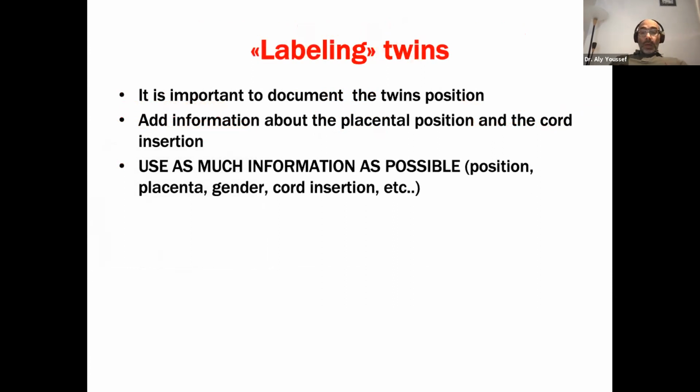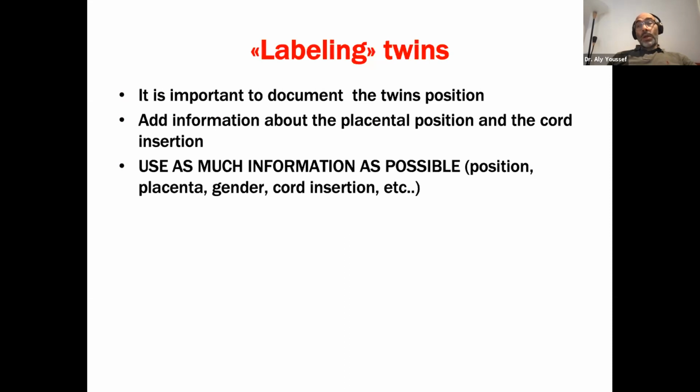Once we determine the amnionicity and chorionicity, it is very important to label the twins adequately. Most centers call them twin 1 and twin 2, or twin A and twin B. And once you write a report in a twin pregnancy, you have to try to describe and label each twin by the maximum number of information that you can find.